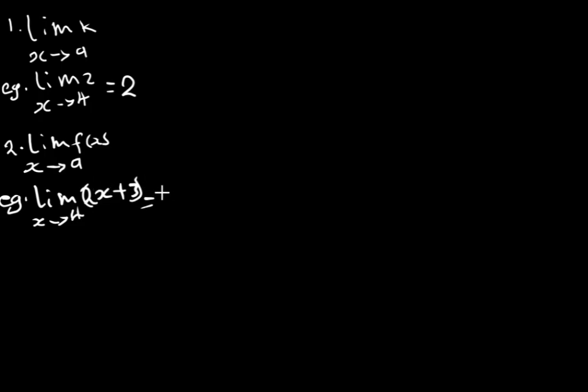In place of the x, we plug in the 4. That's going to be 2 times 4 plus 3. 2 times 4 is equal to 8, then plus 3, and the final answer is 11.